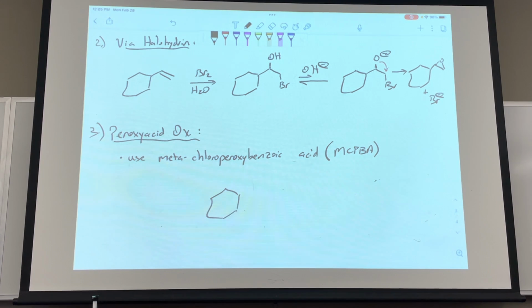It's a benzene ring, we've got the benzoic acid part, and then metachloro. The whole peroxy thing just means that you have an oxygen-oxygen single bond. So let me fix that. That's metachlorobenzoic acid, and the peroxy part is just going to be that.